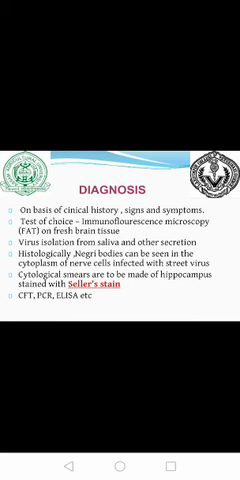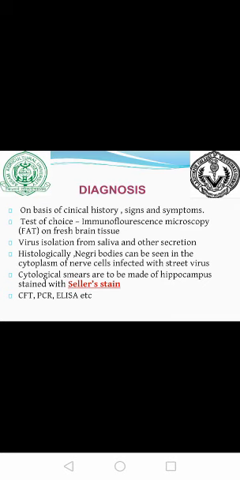Diagnosis. This disease can be diagnosed on the basis of clinical history, signs and symptoms. The test of choice for the diagnosis of this disease is the fluorescent antibody test, which can be done on fresh brain tissue. Virus isolation can be done from saliva and other secretions.